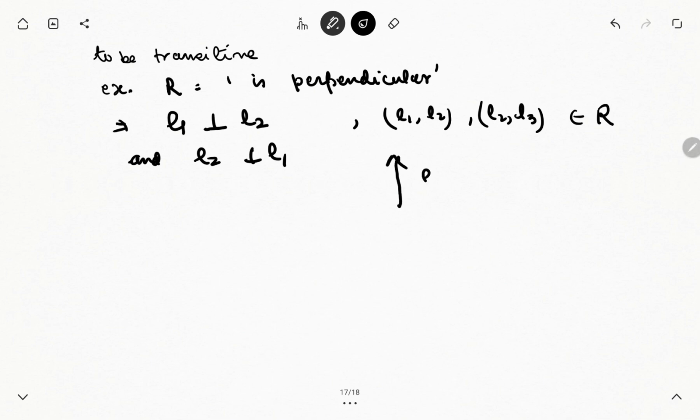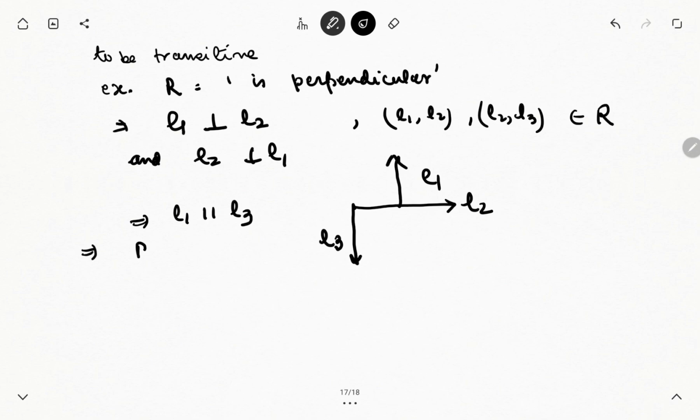L1 is perpendicular to L2 and L2 is perpendicular to L3. This means this is not a transitive relation. Why? If L1 is perpendicular to L2 and L2 is perpendicular to L3, then L1 is parallel to L3.